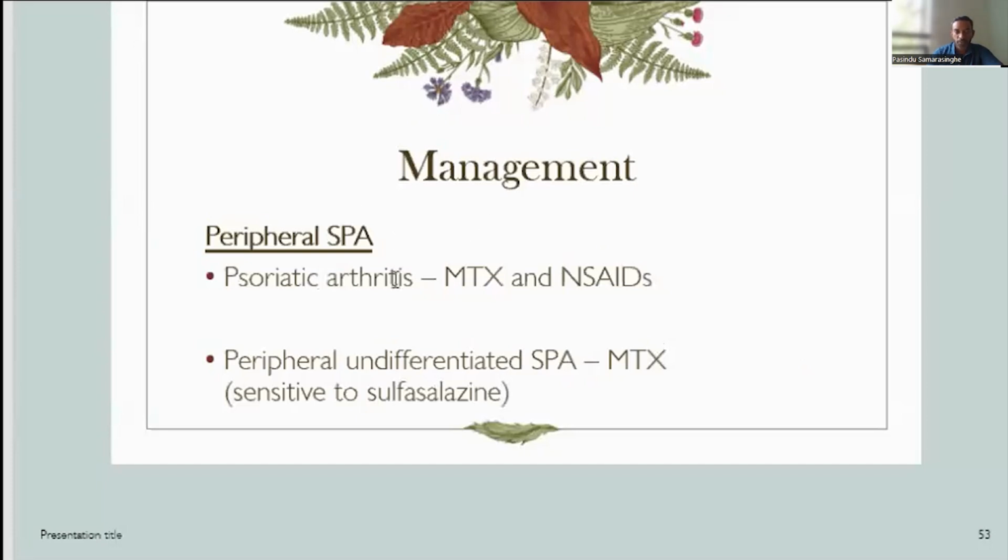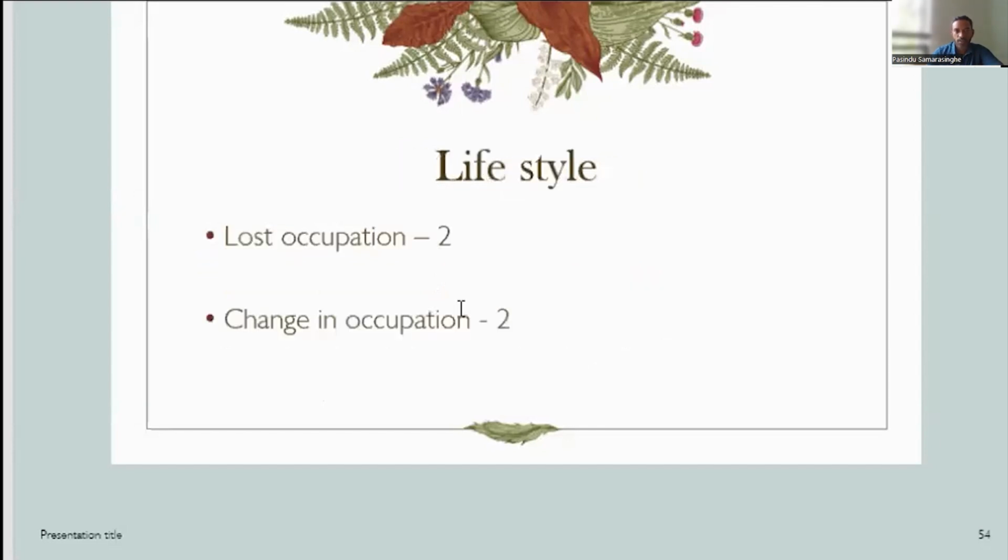For the peripheral spondyloarthritis patients, we had psoriatic arthritis treated with methotrexate and NSAIDs, and the peripheral undifferentiated patient we managed with methotrexate. As for lifestyle, 2 had lost their occupation, and 2 had to change their occupation. So this disorder significantly affects the life of patients.